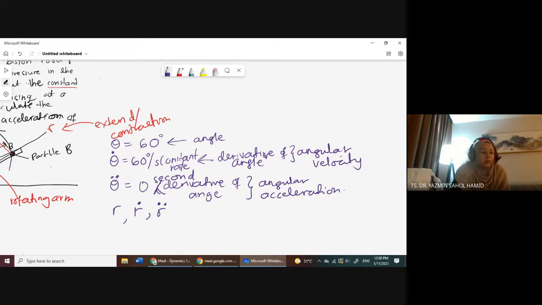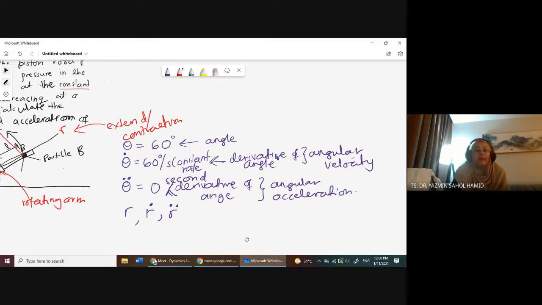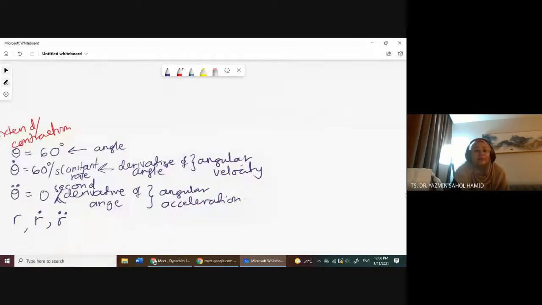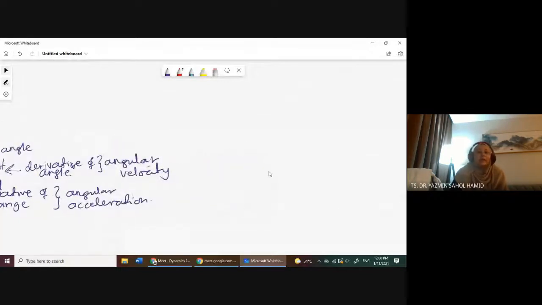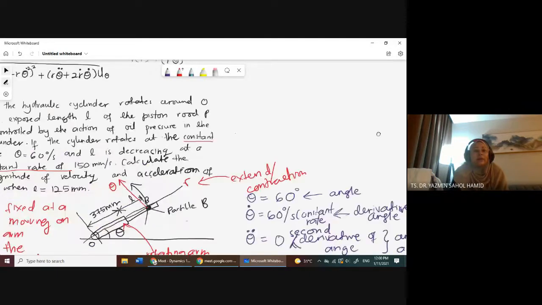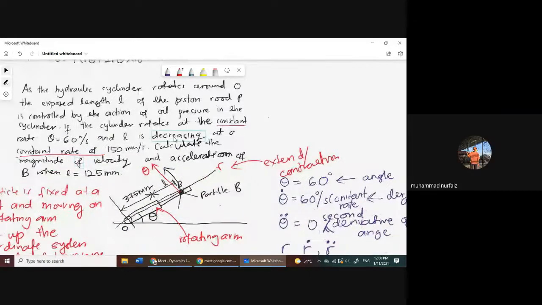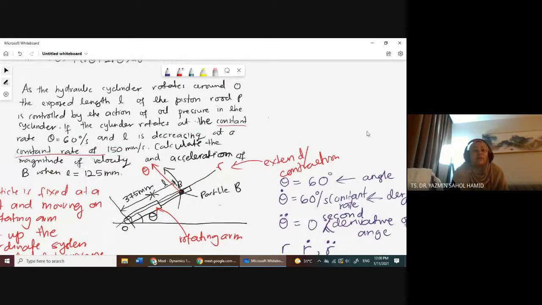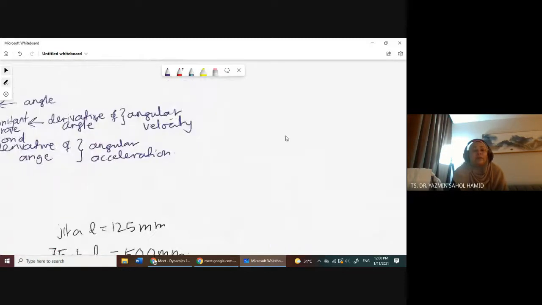Okay, good. Now what is the length? The length of our piston. What length is given in this question? The length is decreasing at a constant rate of 150 millimeter per second.